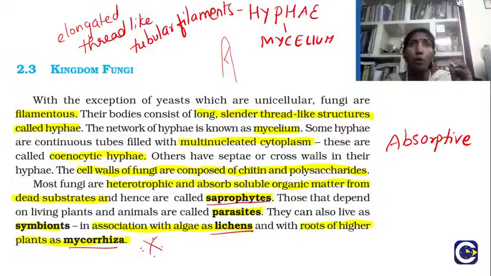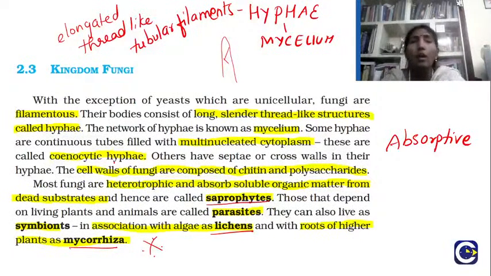So how is the fungal body? There will be many filaments, which we call hyphae. Their body is the mycelium. Inside there will be many continuous tubes with multinucleated cytoplasm, which we call cenocytic hyphae. Sometimes septa are present, and in some places absent. The cell wall is made of chitin polysaccharide. This is also an important question from the examination point of view. Next, they can be saprophytes, meaning on dead substrate. Parasites live on organisms, either plant or animal.